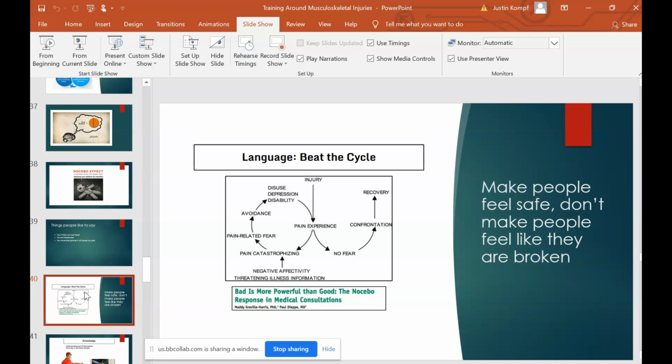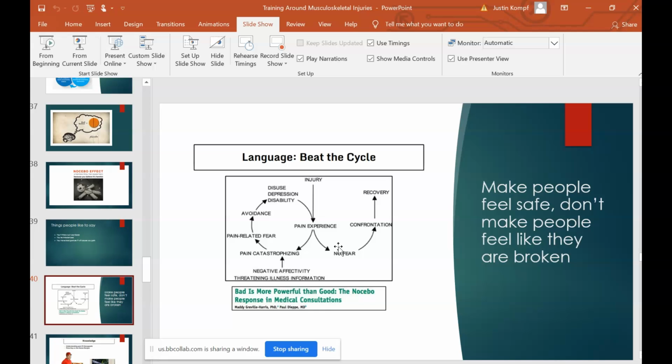So imagine two people. Imagine somebody that has an injury. They both experience pain, but one person doesn't have fear. So they recognize it. They don't overreact to the injury. They accept the injury and they work towards recovery and they do all the smart things that they're supposed to be doing. Versus somebody else that experiences pain and then they catastrophize it.